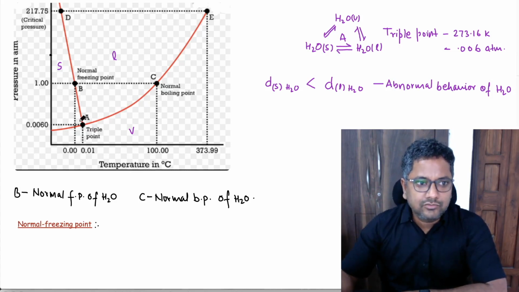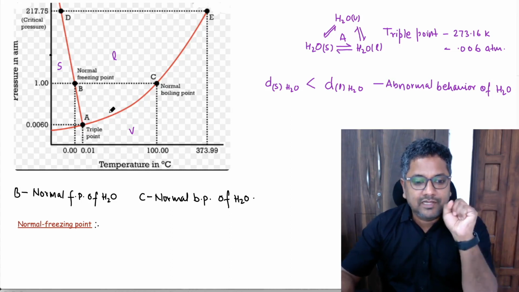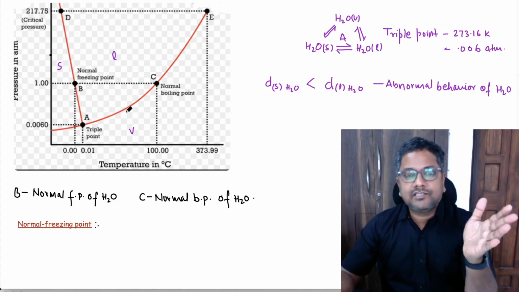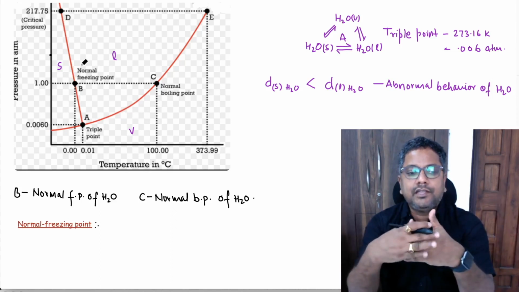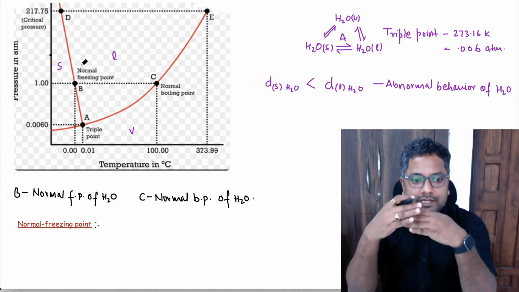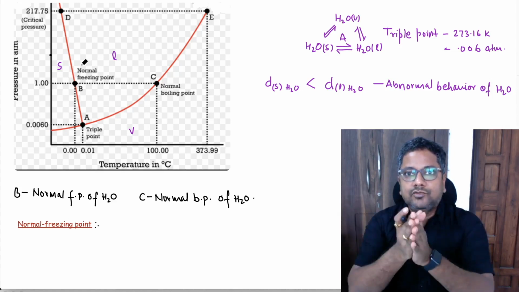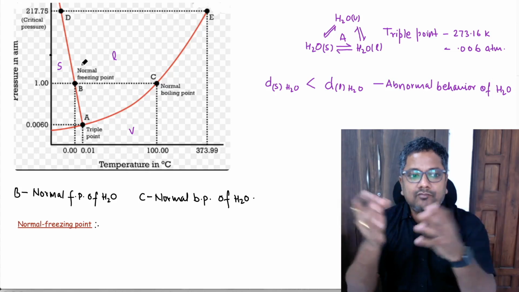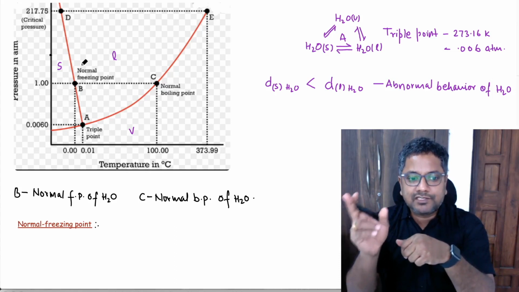You know, throughout this line, solid and liquid are coexisting with each other, but not every temperature is called the freezing point or melting point. So we have to make some standard for this, because this whole line is expressing the solid liquid coexistence line. The reference is pressure. So if at any point someone asks you, this freezing point or boiling point or melting point is defined with respect to which variable, your answer is pressure. Pressure is important.